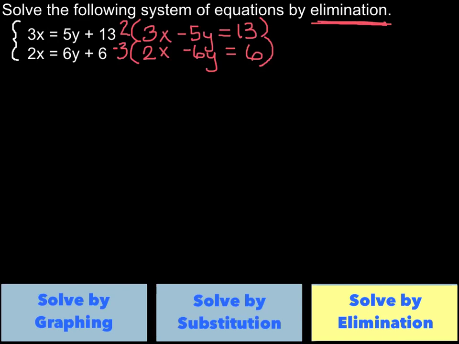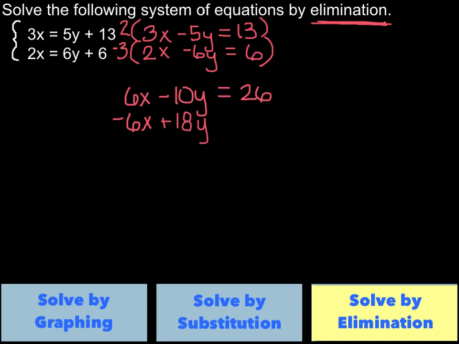So I have 2 times 3x is 6x. Let's do the top line first. 2 times negative 5 is negative 10y. And 2 times 13 is 26. So let's do the bottom. Negative 3 times 2 is negative 6. Negative 3 times negative 6 is positive 18y.